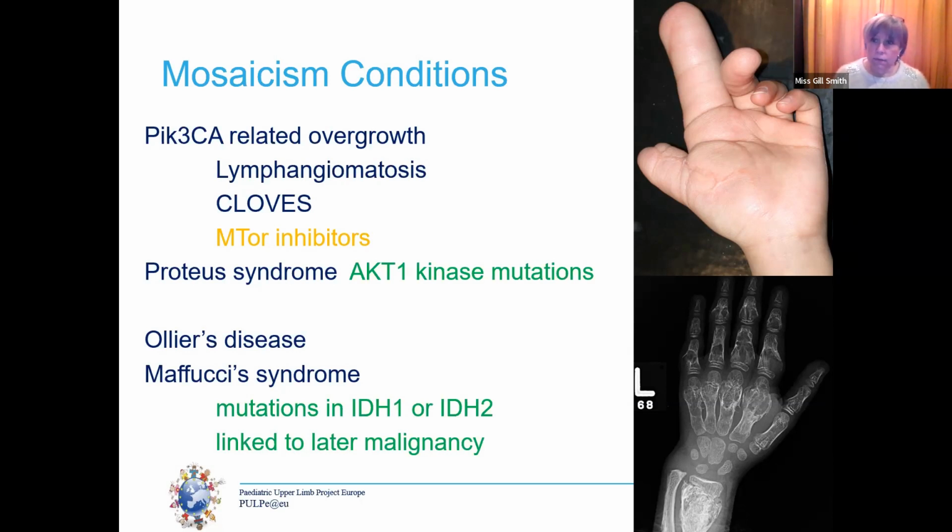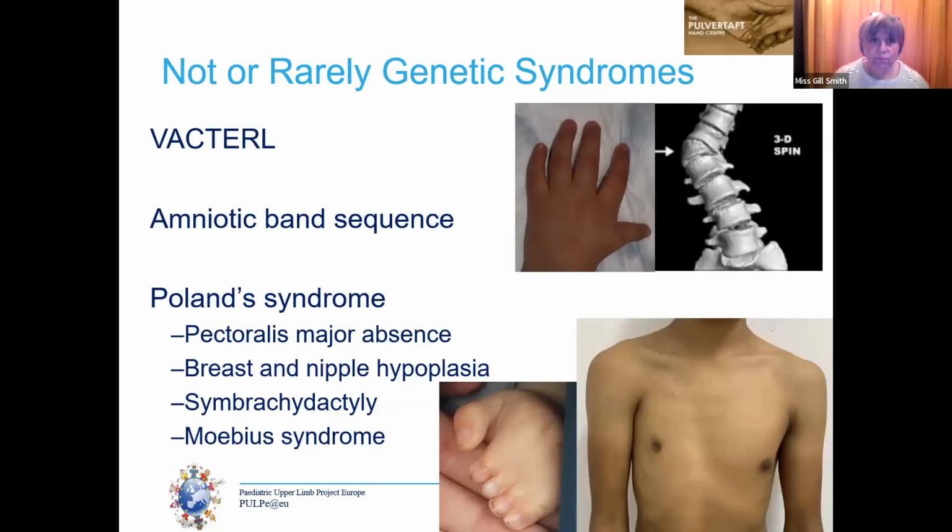And then for the orthopedics, so within the Ollier's disease and Maffucci's. Ollier's is multiple enchondromata. Maffucci's, you have venous malformations associated with them. And they've got mutations, these are all post-zygotic mutations. So it's not affecting every cell, but their mutations are related often to later malignancy.